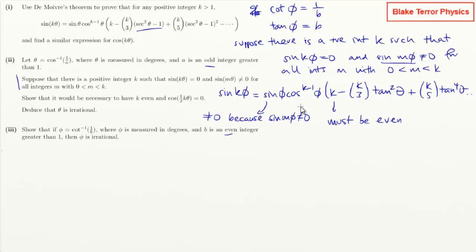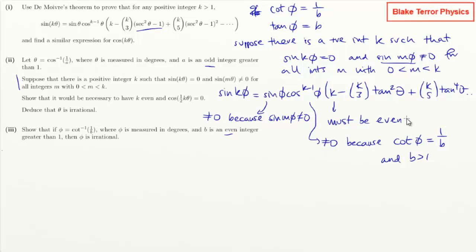Well, if cot phi is 1 over b, then that is not equal to 0, because cot phi equals 1 over b, and b is an even integer greater than 1, so that's fine. So we've got not 0, not 0.